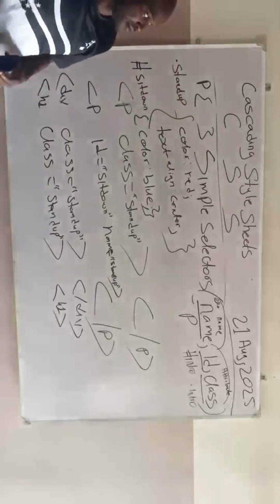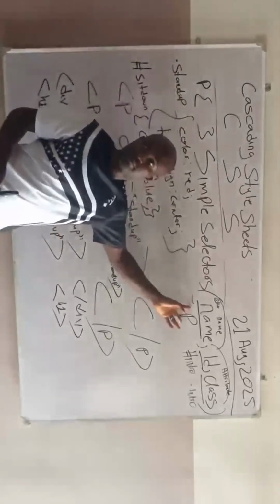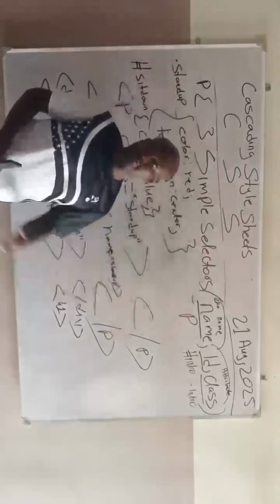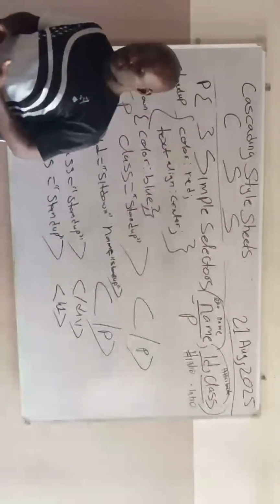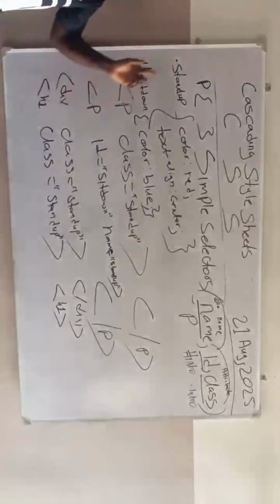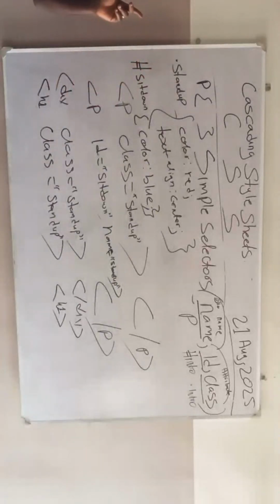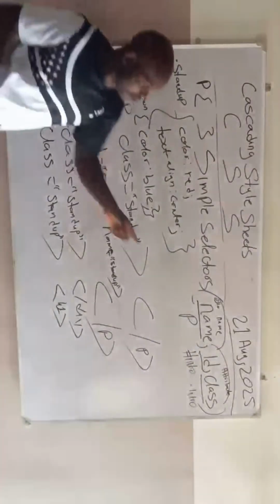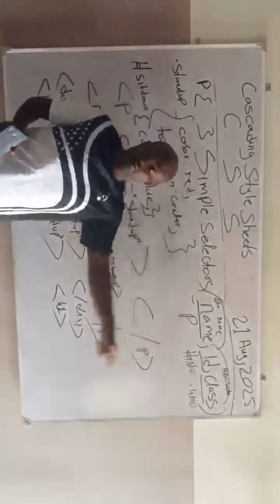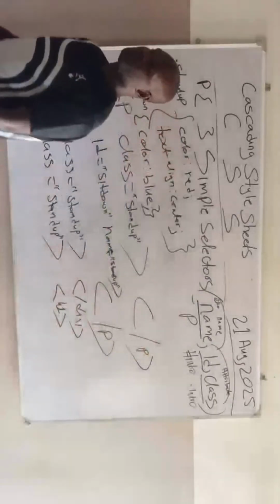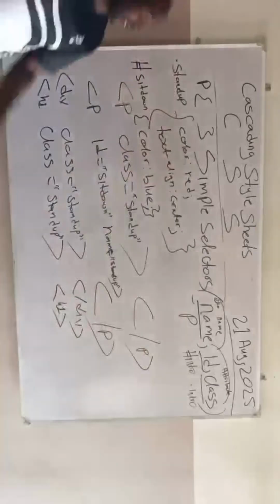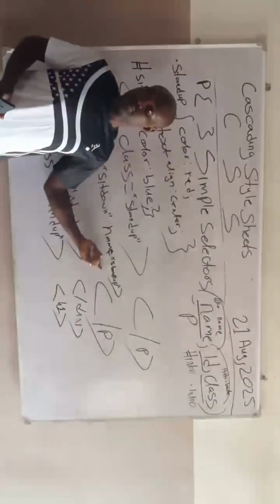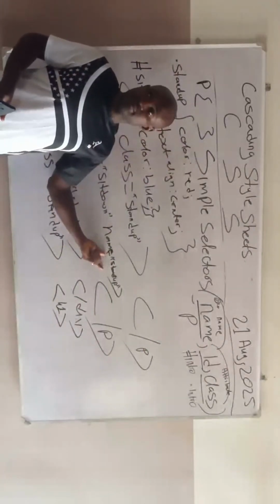Good. Now we talk about ID. And we said CSS selects elements based on ID attributes. Now I'm talking about attributes. This one is the element name. The other two are attributes. Now I also said, remember we have name as an attribute. This one is just an attribute.